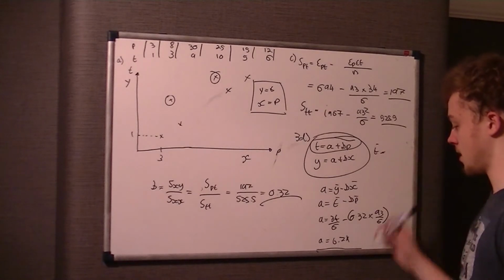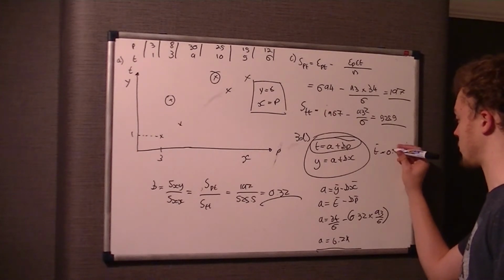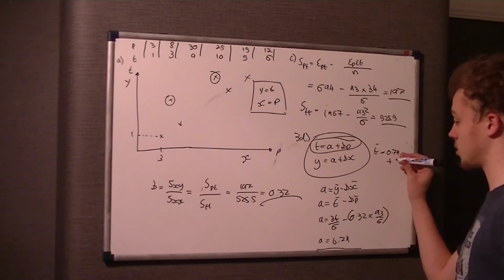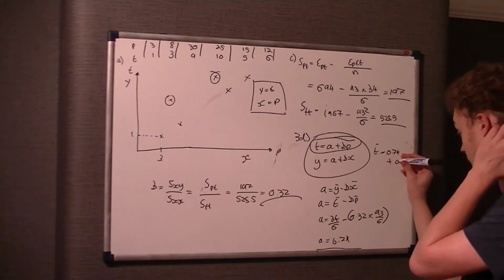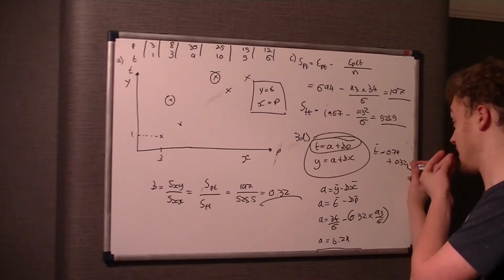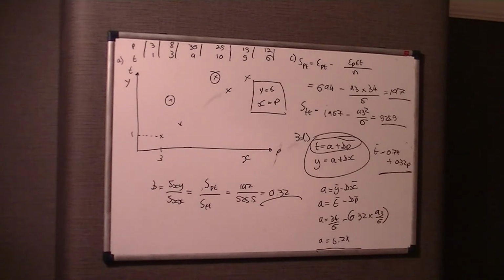So subbing in your numbers, T is equal to 0.74 plus B P, which is 0.32 times P. Okay, so you don't put in what P actually is, because this is just y equals mx plus c in that kind of form. Instead of x, you write P. So don't try and put a P value in there.